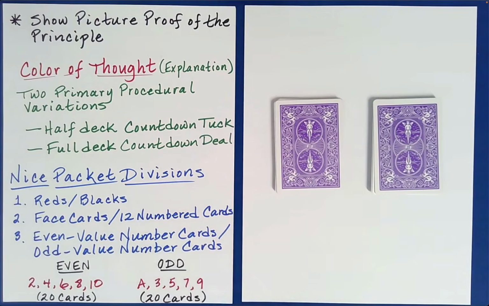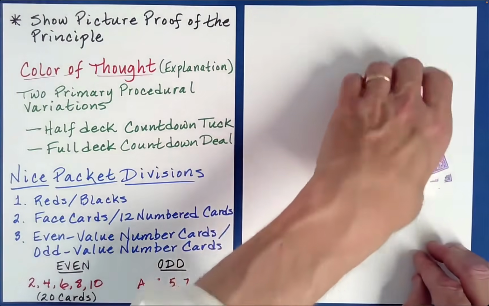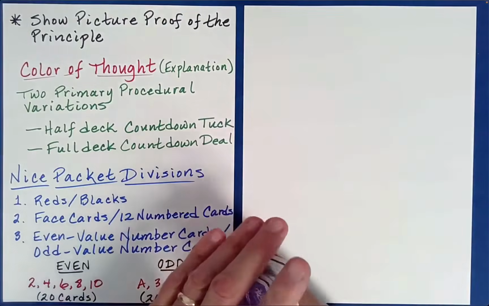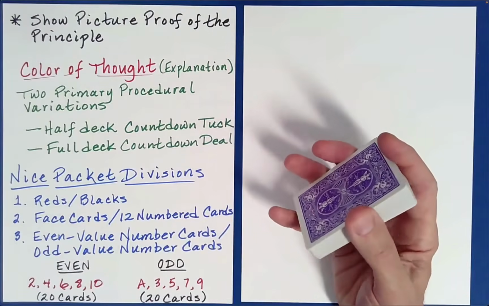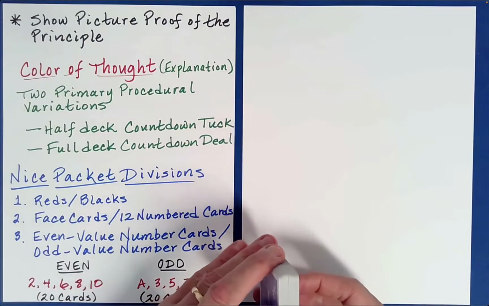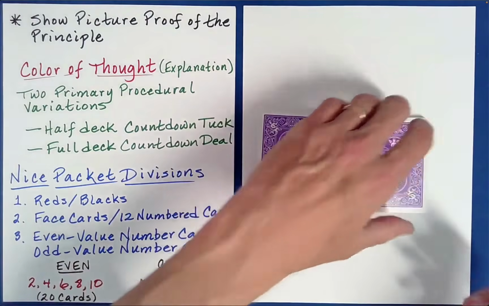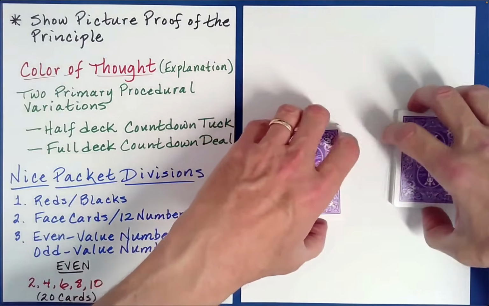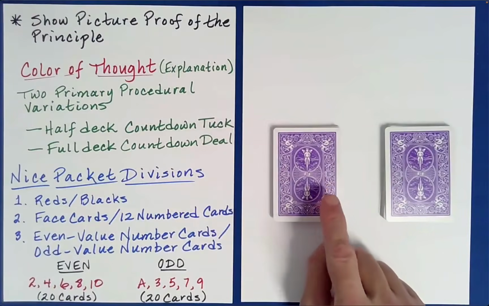So let's think about it here. We have a deck of 52 cards, half are red, half are black. Okay, so if we divide this in half, what's going to be the case? Once again, I'm just estimating, but we could divide exactly. So what's going to be the case? Well, let's go back to what you did.